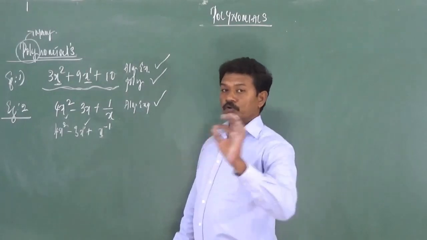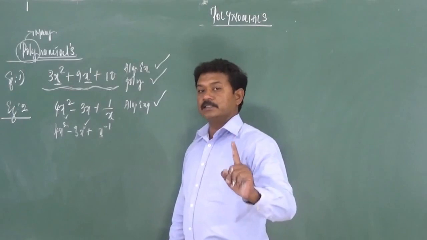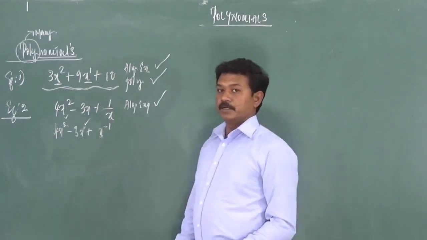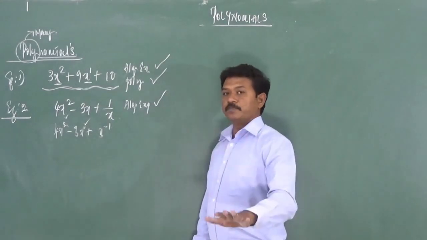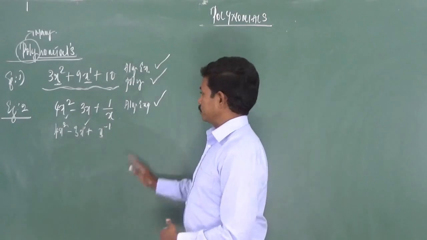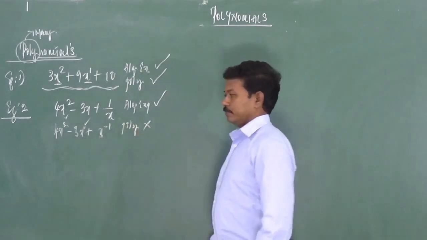But among those terms in the algebraic expression, if any one particular term has its power of the variable a negative number, then it fails to become a polynomial. It is just an algebraic expression. So therefore, it is not a polynomial.